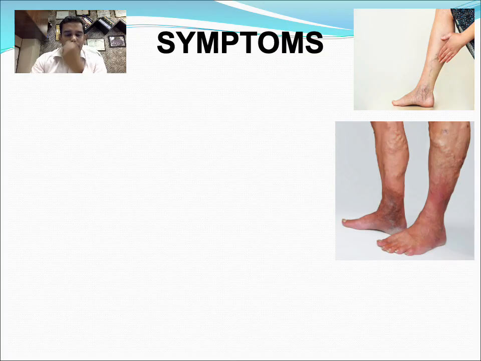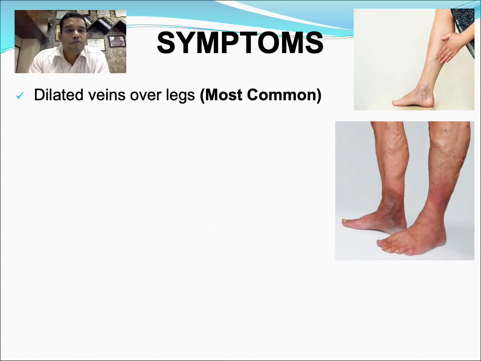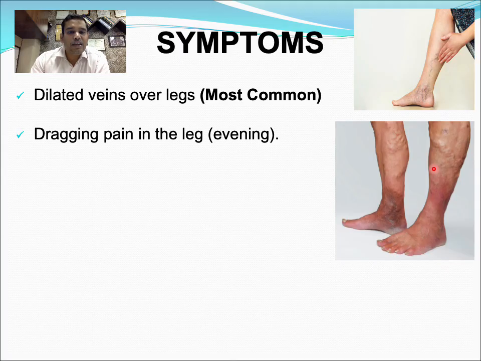Now coming to the symptomatology, what are the symptoms with which the patient presents to you? First and foremost, the most common symptom is dilated veins over the leg. You can see there are dilated veins present over the limb. This is the most common presentation with which the patient comes to you. Second, there is dragging, dull aching pain over the lower limb, preferably in the evening time.